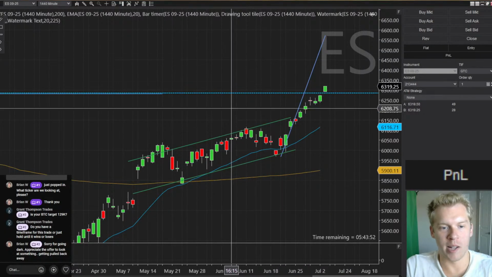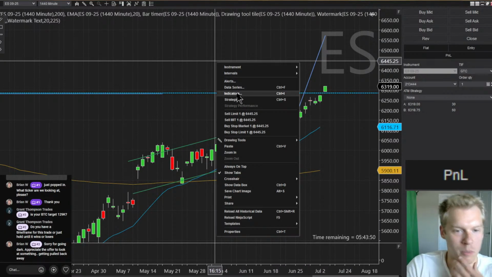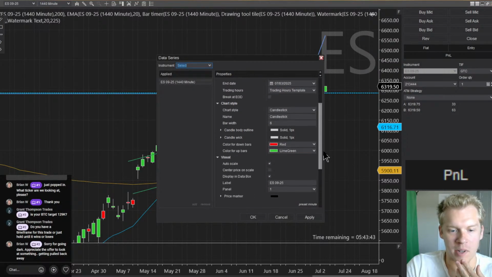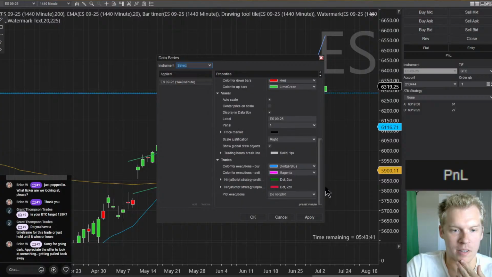I have these vertical lines on my chart, and I made a video on how to remove the vertical lines. And I forgot. So I might go back to my video and watch that.